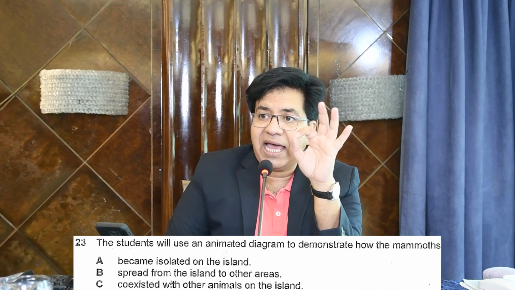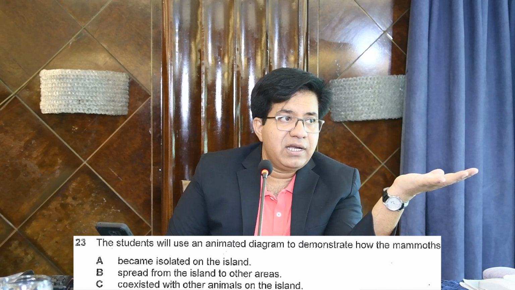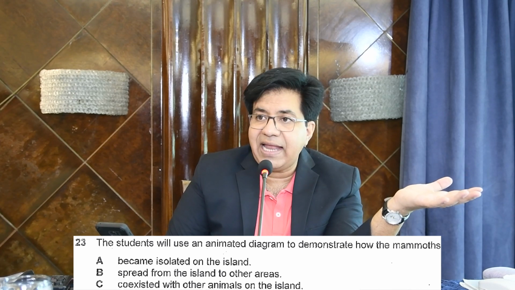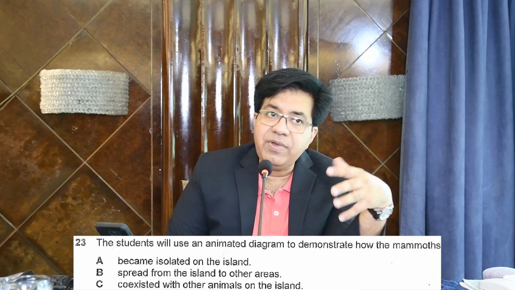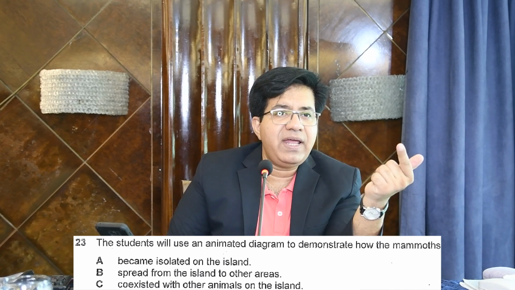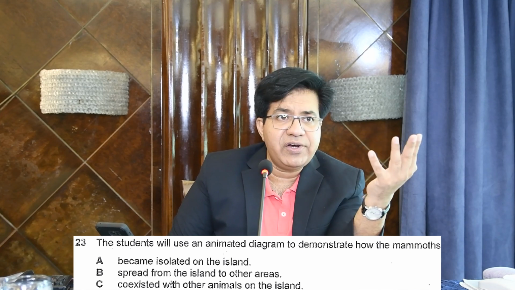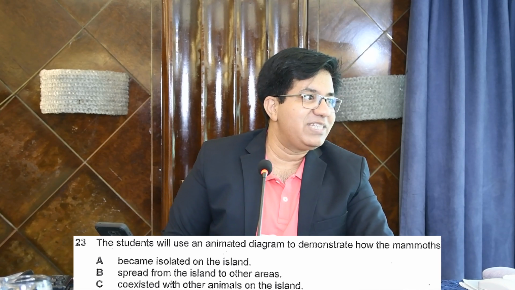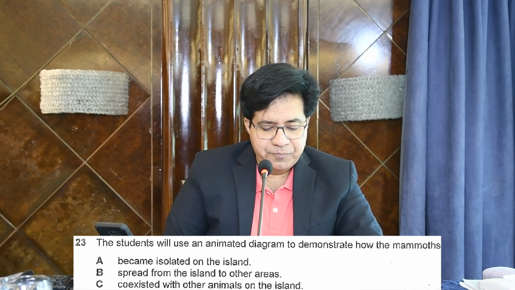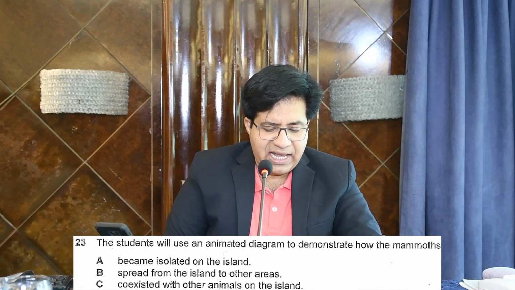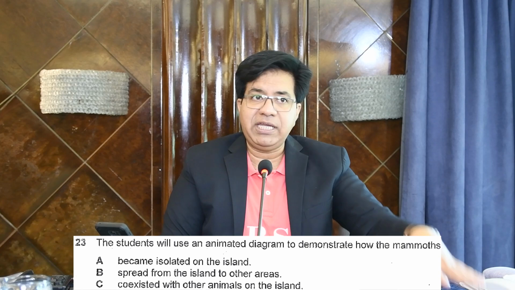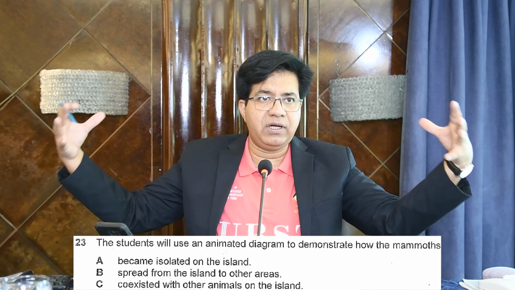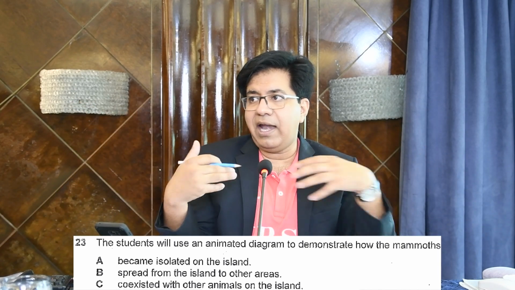Option C, coexisted with other animals, meaning they lived happily with other animals like elephants, zebras, giraffes, deer. The problem comes when a lion or tiger comes there. Became isolated means, for example, they were on a piece of land, and then because of rising sea, that became an island and they were just there.